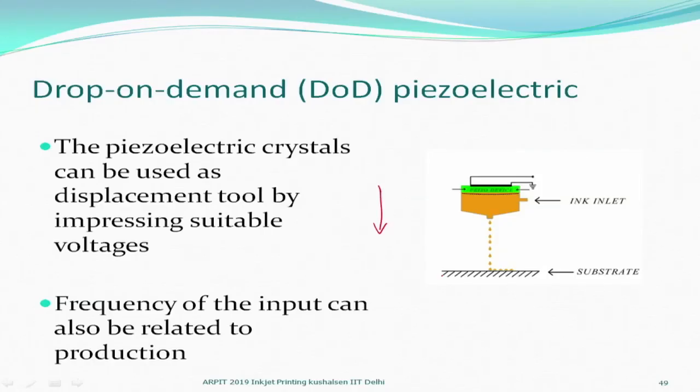Here also piezoelectric crystals can be used for displacement as a tool, as we said there. The frequency input can obviously be related to production. If you keep pushing them faster, more drops are going to go, because nothing is going to the gutter. So, frequency can be directly related to the production also.